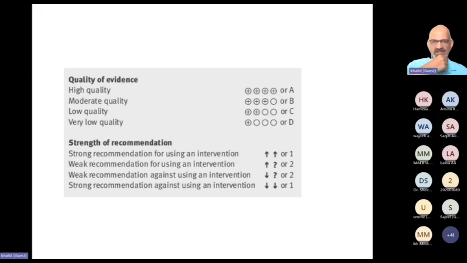From this and other features collated together in a single assessment, we can then generate strength of recommendation, which can be strong or weak. And then the recommendation can be strong in favor of using an intervention or strong in favor of not using an intervention, or it is weak in favor of using or not using.